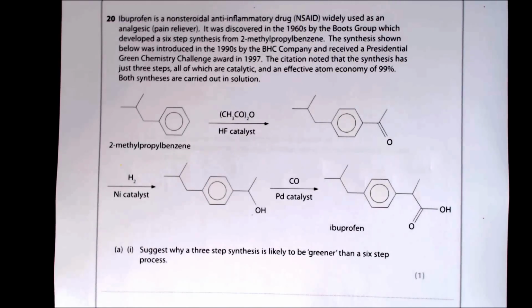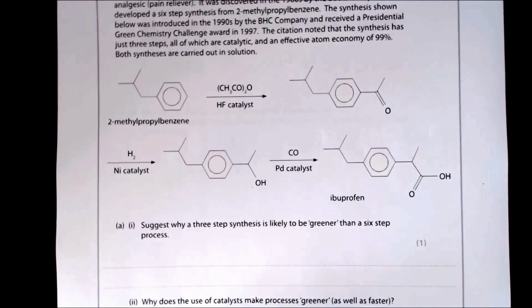Okay, so the first question says: suggest why a 3-step synthesis is likely to be greener than a 6-step process. Well, I suppose the obvious thing is that because we've got fewer steps, we're going to have less waste products overall, and we're going to have a higher yield as well. So we're just going to put that in there.